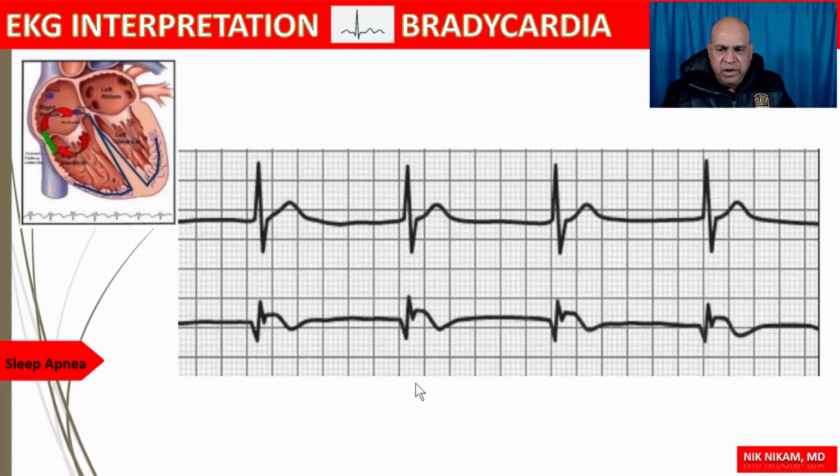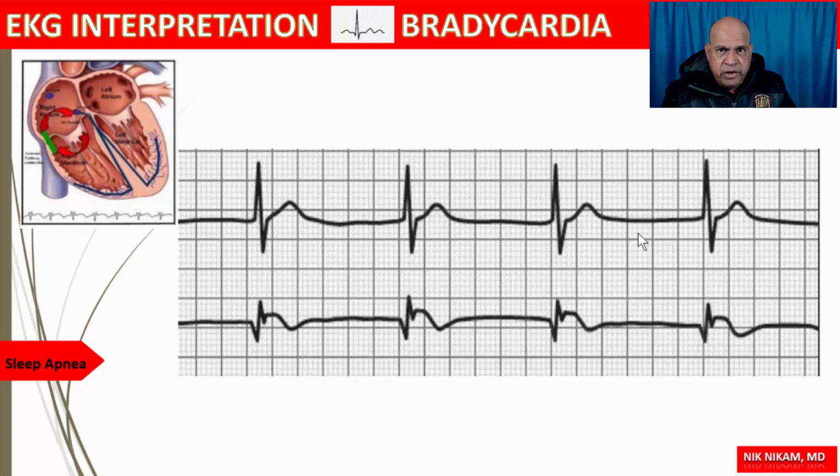Here we have a different rhythm altogether. This rhythm is reflective of junctional rhythm. This is an escape junctional rhythm. We don't see any definite P waves. Whenever we see escape junctional rhythm, we should always consider the possibility of drug-related junctional rhythm.